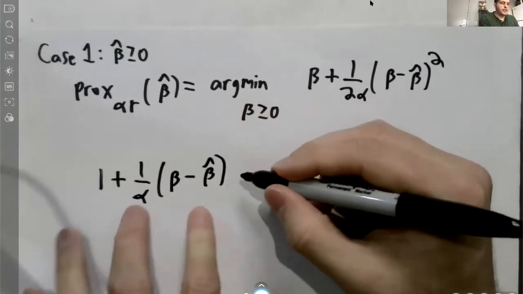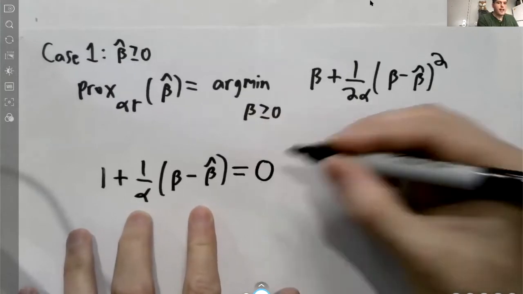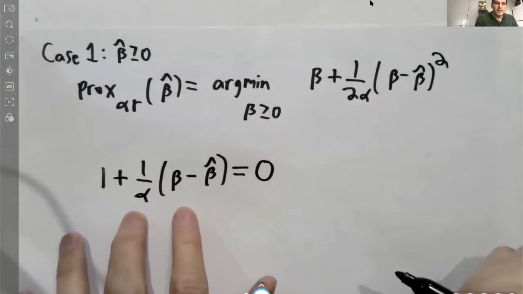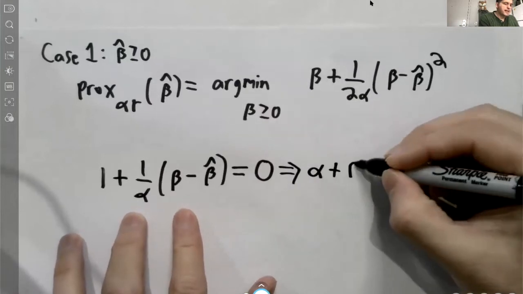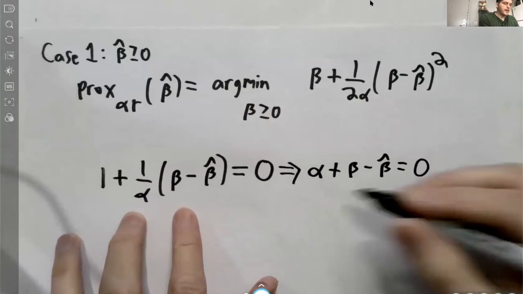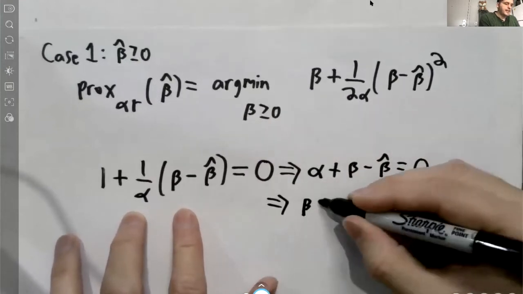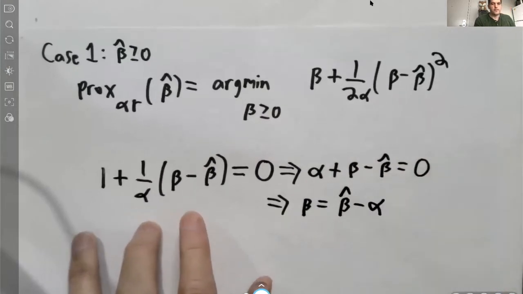Let's set this equal to 0, and now let's solve for beta. If we multiply through by alpha, then we get alpha plus beta minus beta hat equals 0. And so that means that beta is equal to beta hat minus alpha.